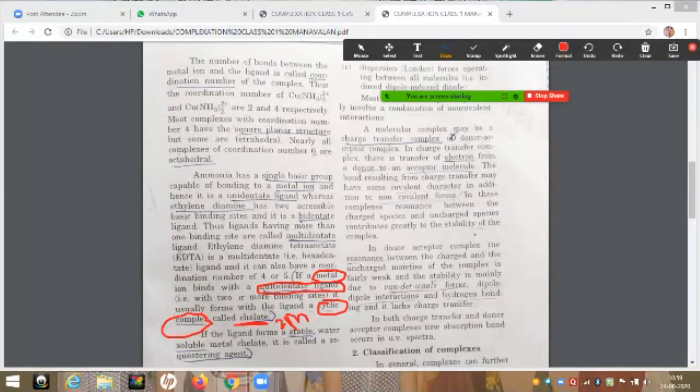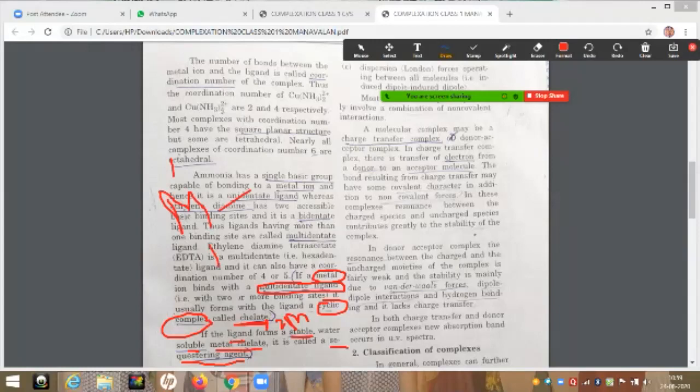There is another definition, that is, what is a sequestering agent? If the ligand forms a stable water soluble metal chelate, the same chelate consisting of a metal ion with the ligand forming a cyclic complex, and moreover if it is stable and water soluble, that we call a sequestering agent.